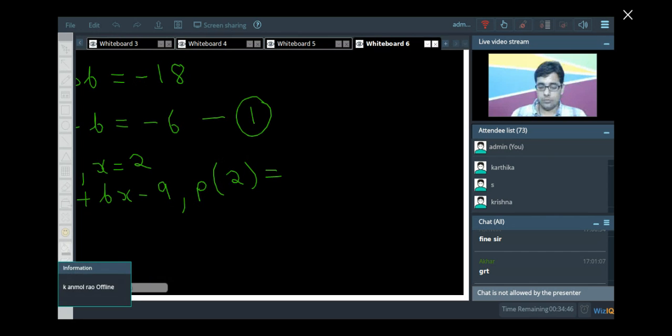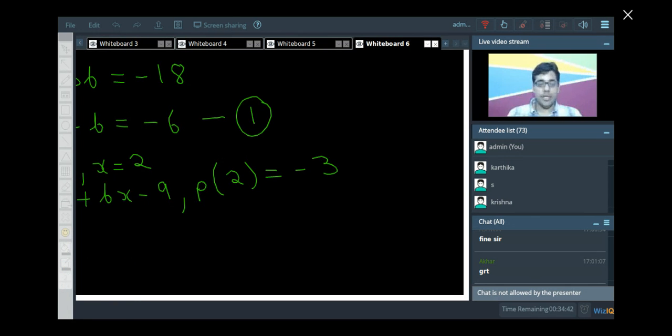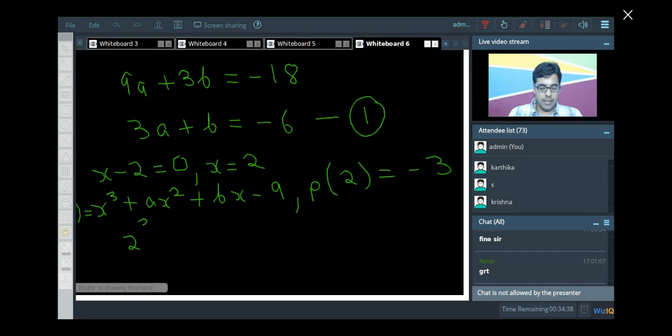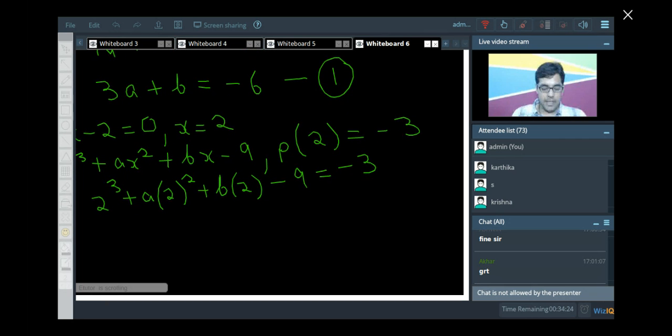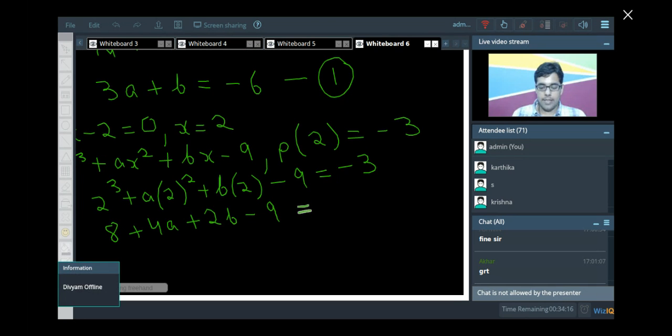Putting x as 2, it would become 2 cube plus a multiplies 2 square plus b multiplies 2, and then minus 9 equals minus 3. Now we can solve this further. It would become 8 plus 4a plus 2b minus 9 equals minus 3.